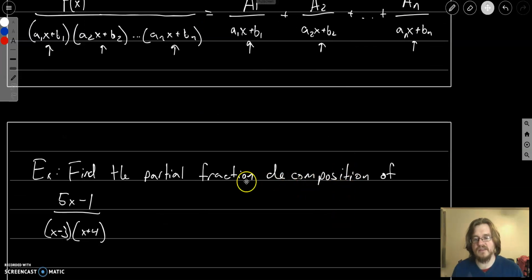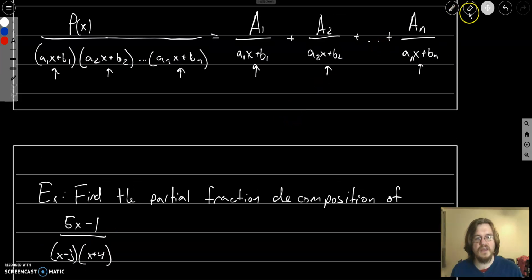Let's apply this and actually use it. We want to find the partial fraction decomposition of 5x minus 1 divided by x minus 3 times x plus 4. Using this formula, I'm going to split this apart. Since I have two factors on the bottom, and they are both linear, neither of them has an x squared or x cubed or anything like that.